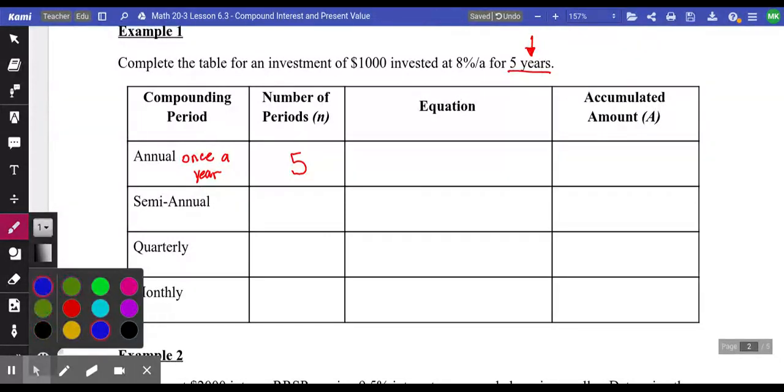If we were looking at semi-annually, that means twice a year. So if we're getting charged 2 times a year for 5 years, then 2 times 5 equals 10 times you're going to get charged. Quarterly means 4 times a year.